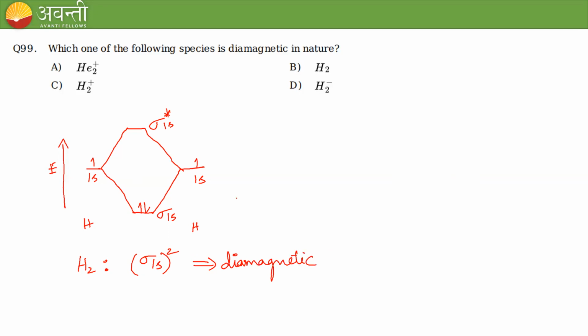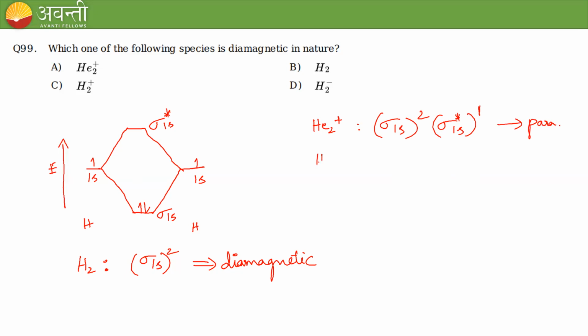So in case of helium 2 plus, we will have one electron in sigma star 1s. For helium 2 plus, you will have two electrons in sigma 1s, but only one electron in sigma star 1s. So since we have one electron, it is paramagnetic in nature.